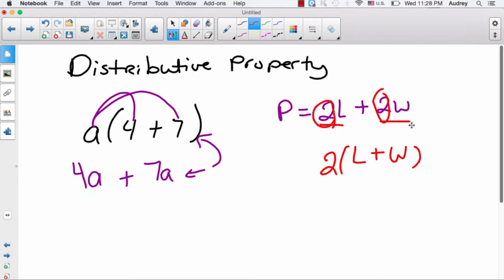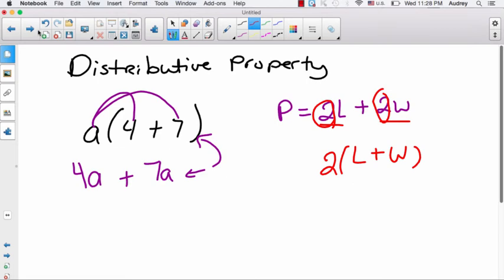Well, who do we pull out? The 2, because they both have a 2. Who stays inside the parentheses? The L and the W. In this case, I had an A and an A. Those two A's were pulled out. What was left? The 4 and the 7. And of course, the sign in the center is the sign that is in the problem. So notice plus, plus, plus, plus.